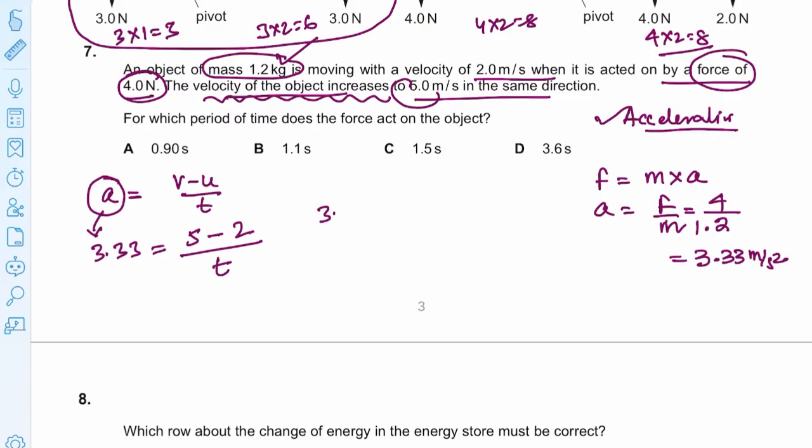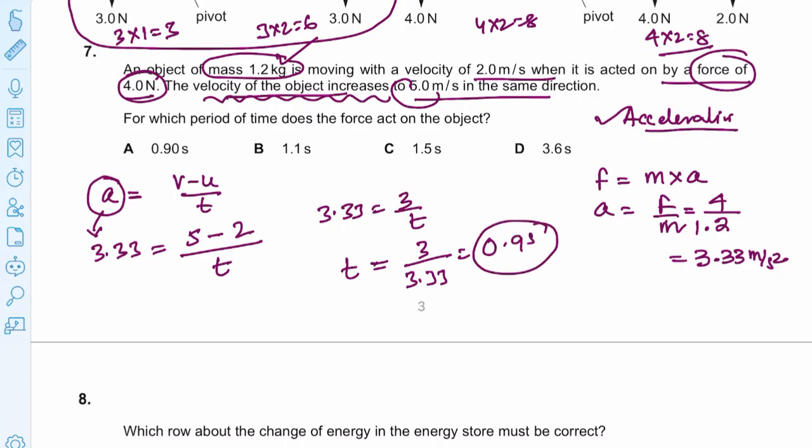So I can say 3.33 equals 3 over t. If you rearrange it, it will be 3 over 3.33. Got it? So you'll get 0.9 seconds. So 0.9 seconds, which answer? This is option A. Question number 7. Got it, everyone, clearly?